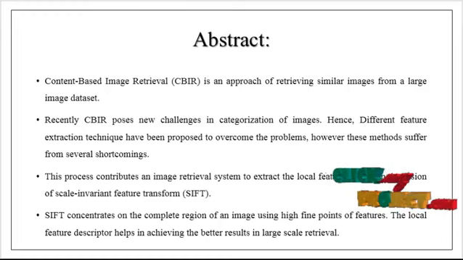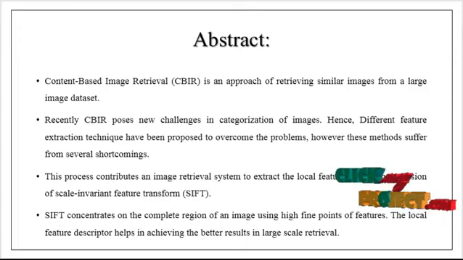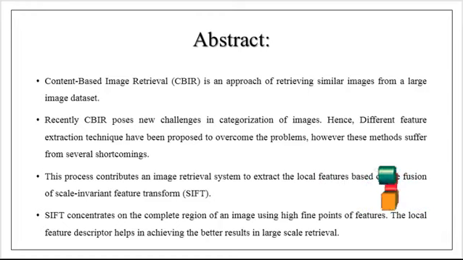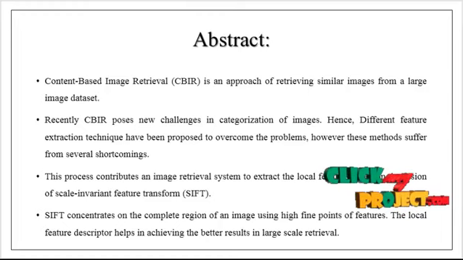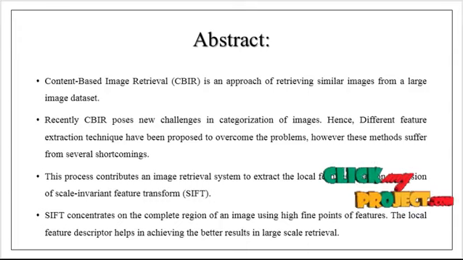This project contributes an image retrieval system to extract local features based on feature extraction methods such as the scale-invariant feature transform, shortly known as SIFT feature extraction. SIFT concentrates on the complete region of the images using the fine parts of the features.